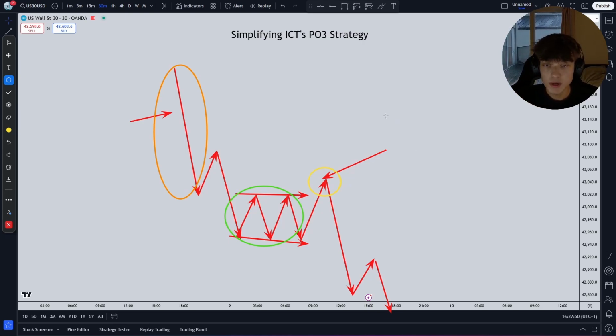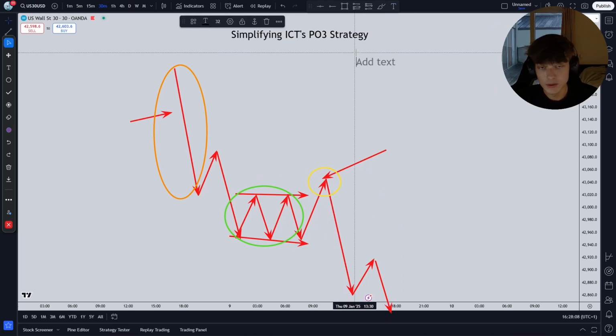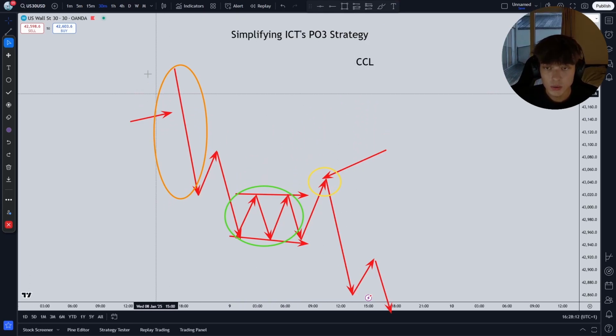We do not want to trade this area right here, let's make it purple. We want to wait for this to get liquidated, and then we can trade this entire continuation part. So it's CCL: continuation, consolidation, liquidity, continuation, consolidation, liquidity. Does that make sense? I hope it does.